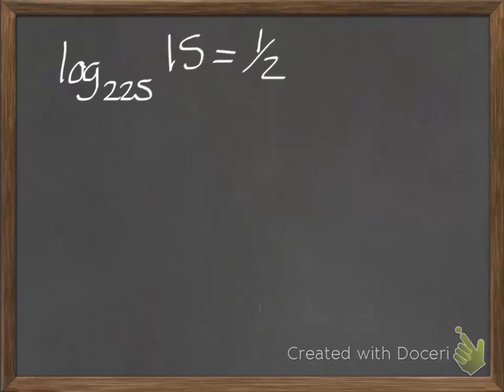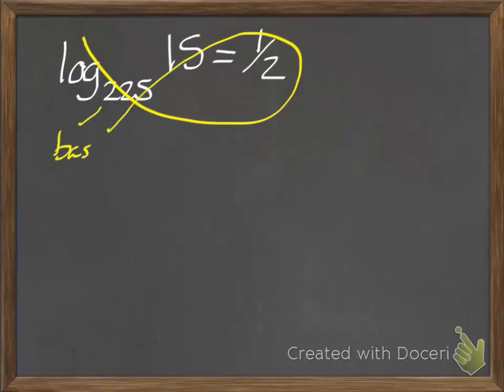So the first couple of problems, we're just going to convert back and forth. So if I give you log base 225 of 15 equals 1/2. I'm going to do my fish to help me remember where everything goes. This is my base. This is my exponent.